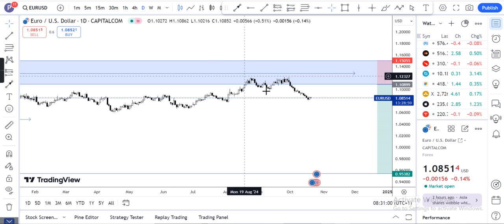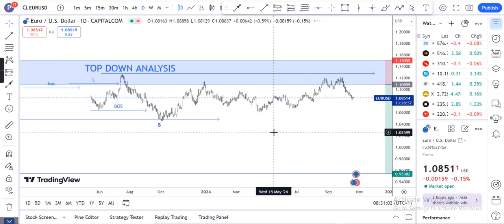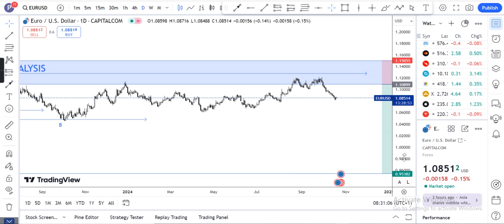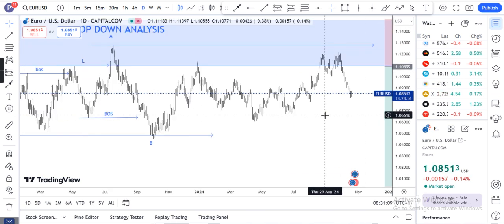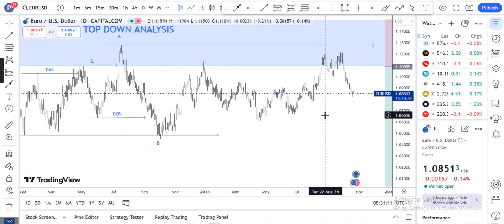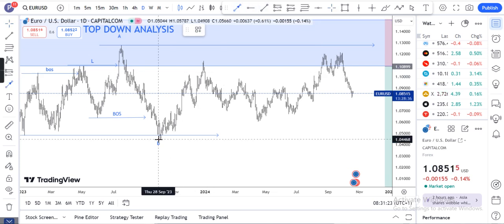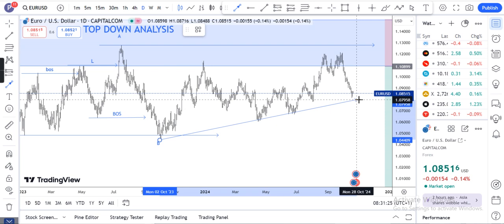On the daily time frame, we want to pick the market structure. So on this time frame, we will clearly see we want to mark our break of structure, I mean our break in trend line.